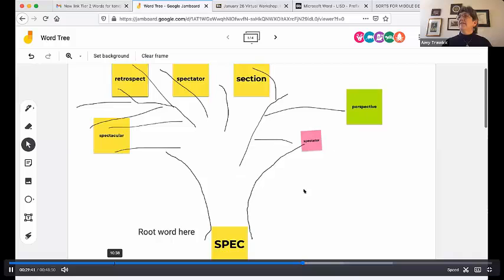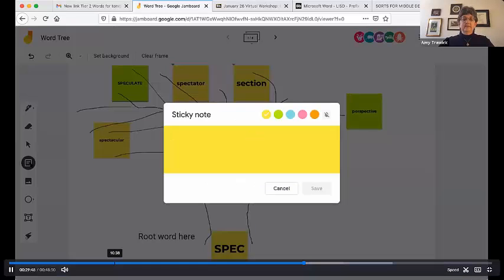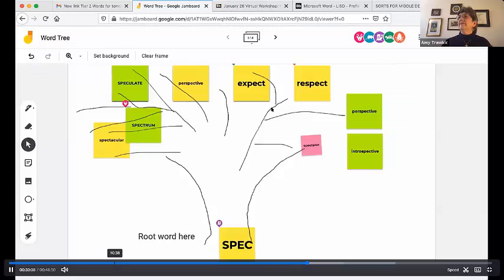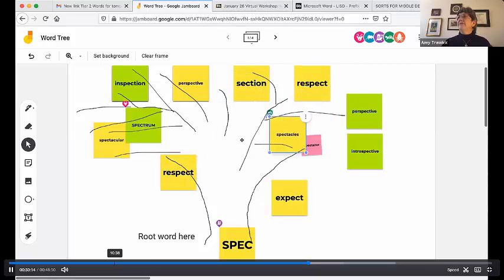Ooh, that's a good one. You got any more? Keep writing. See how many we can get in the next 30 seconds. And make sure you haven't covered up somebody else's.